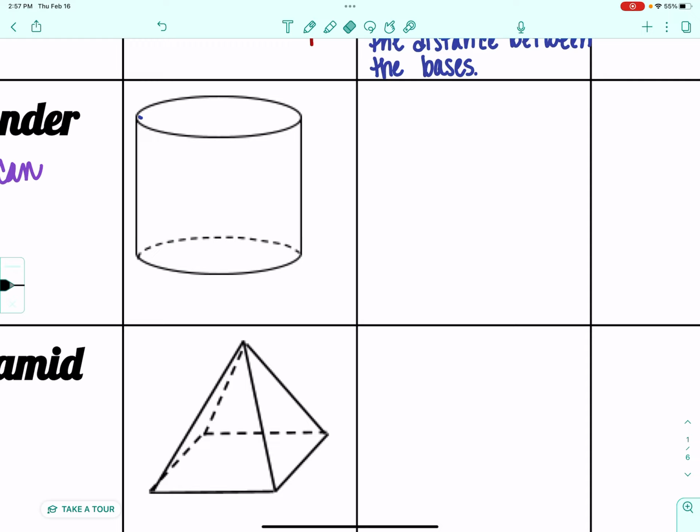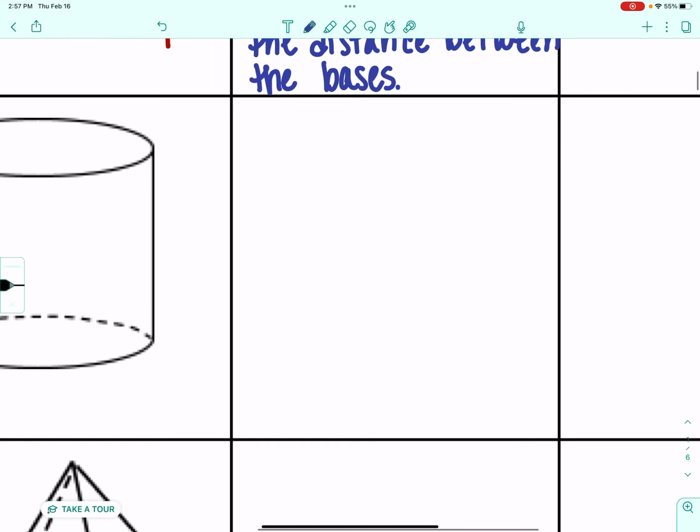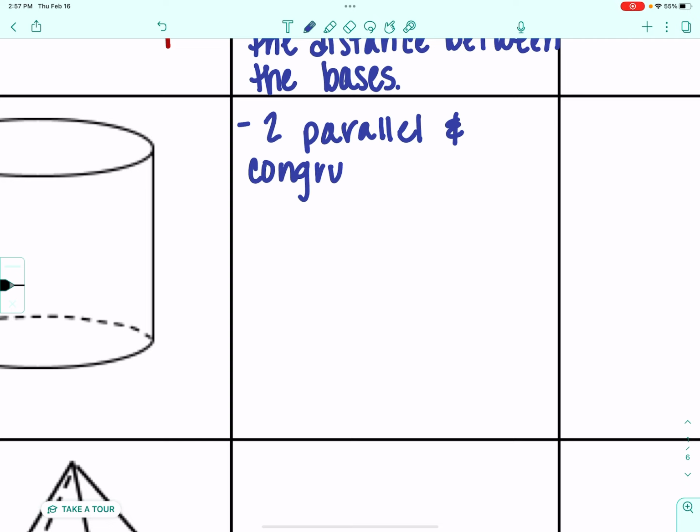The big difference is that we have two parallel and congruent, here's the kicker, circular bases.